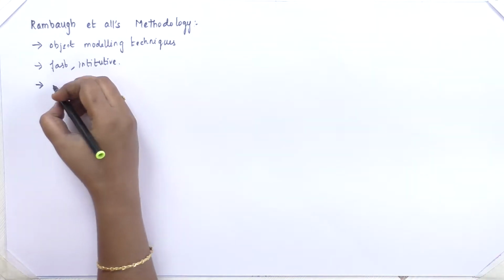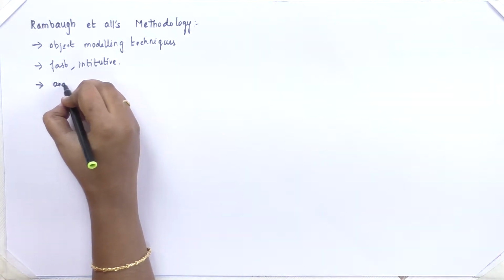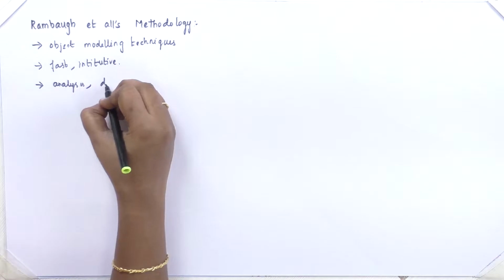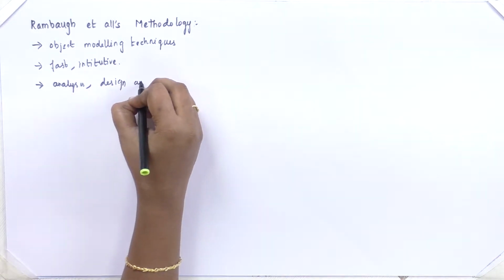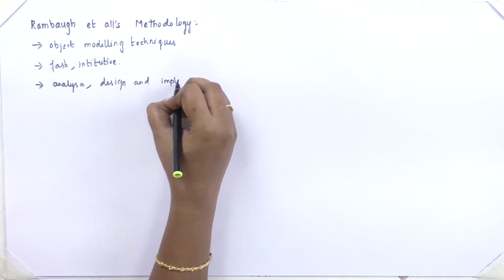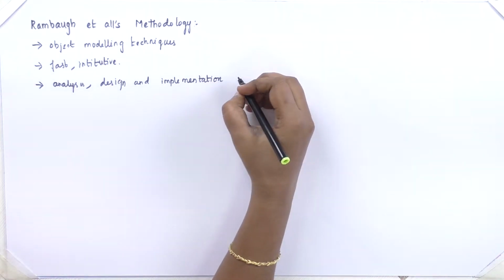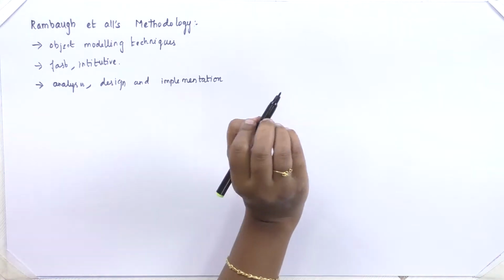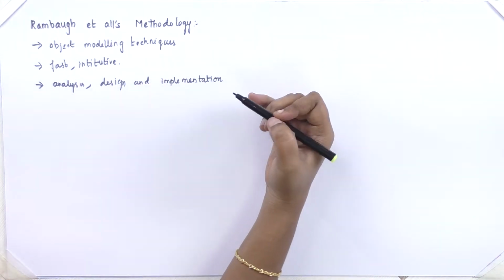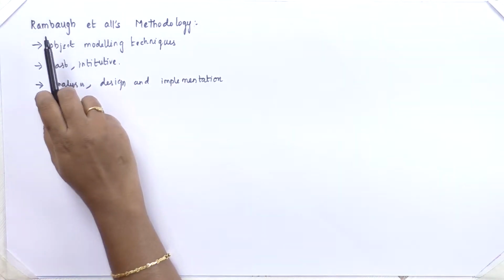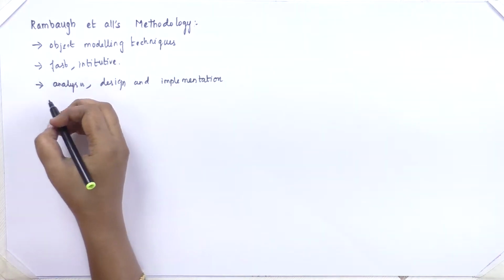This method has three phases: analysis phase, design phase, and implementation phase of a system. So these are the three phases when we are developing software using Rumbaugh et al.'s methodology.